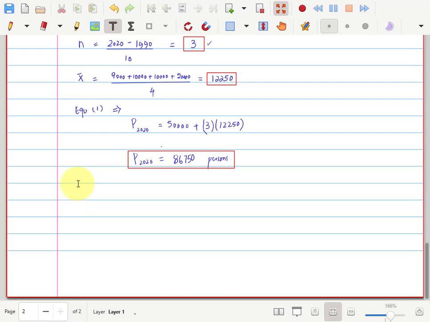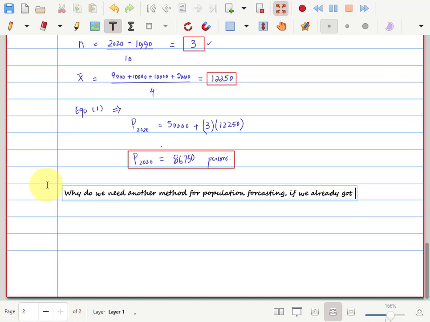If we already have one method like the arithmetic method to do the future forecasting of the population, why do we need another method for population forecasting?